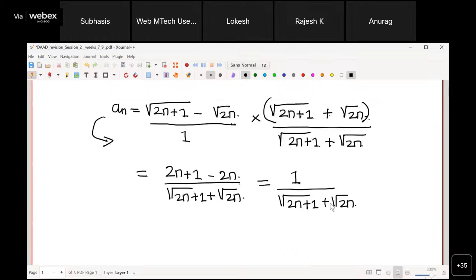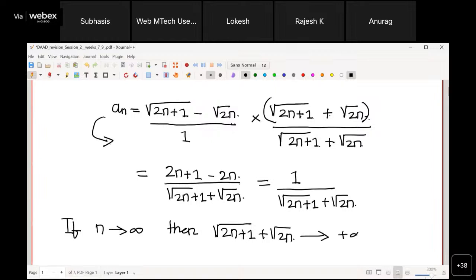If n tends to infinity, it's clear that this denominator will go towards plus infinity. We are taking the reciprocal of this thing, which means it will go towards 0, right?